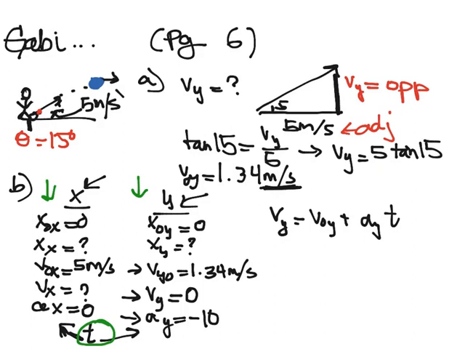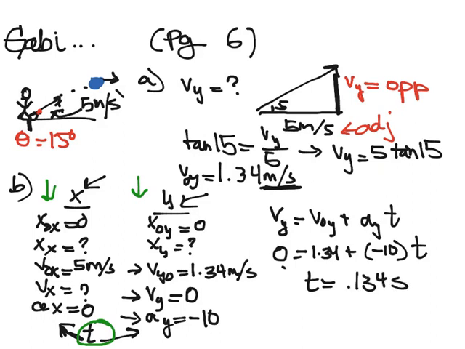I'm looking for this time. My final velocity in the y direction is 0. It's equal to 1.34 plus negative 10 t, and I'm not going to do all of the algebra for you, but if you solve for t, you should end up with 0.134 seconds.